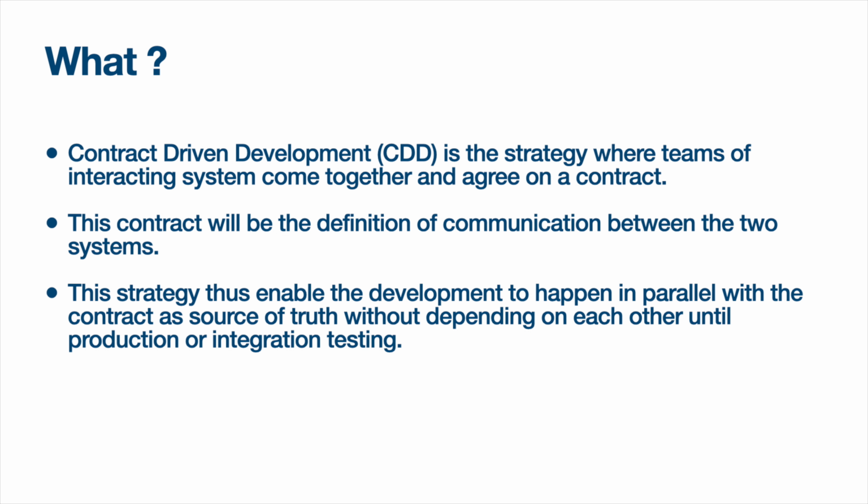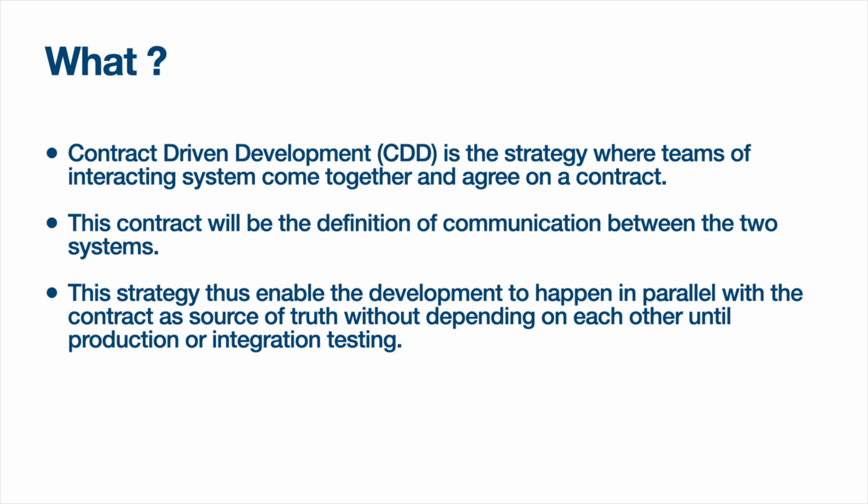This strategy enables teams to be independent of each other, and at the time of integration, the contract would be the source of truth, which can be changed with minimal effort so that the systems integrate and function seamlessly together.